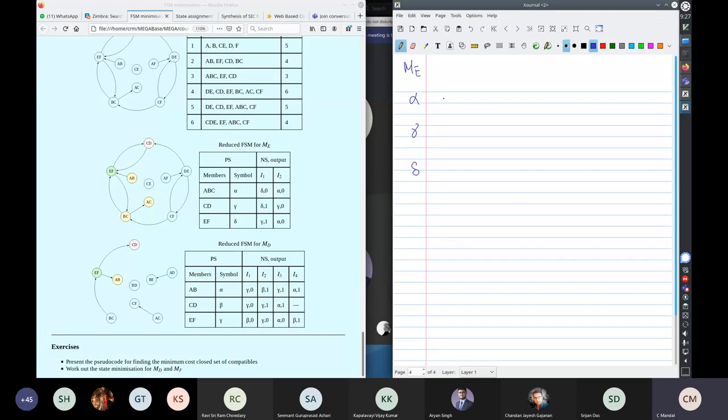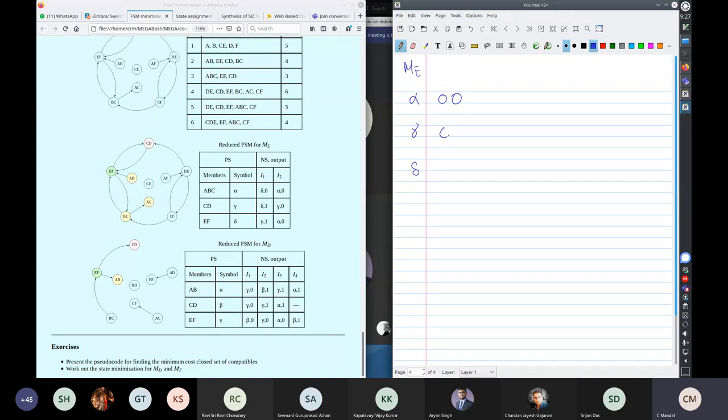I could encode alpha as 0, 1, and beta maybe as 0, 0. Let us call this 0, 0.